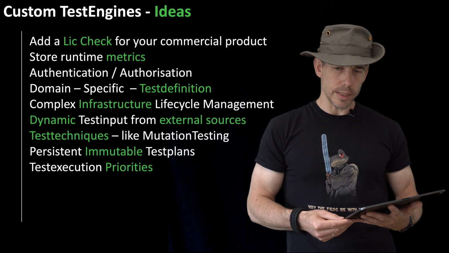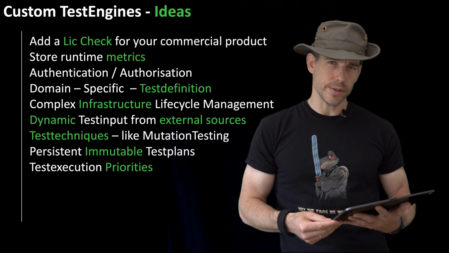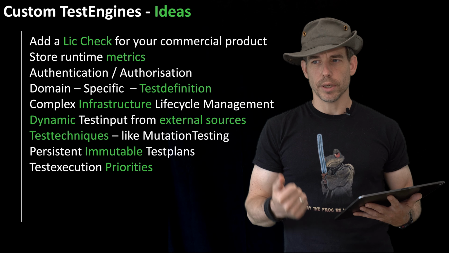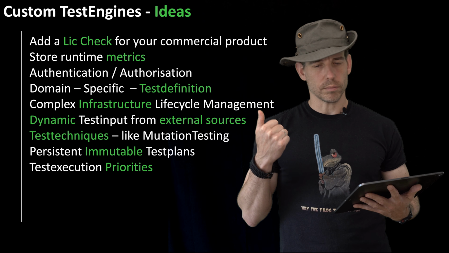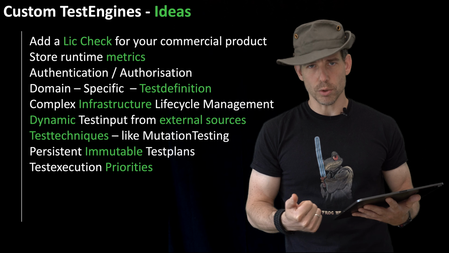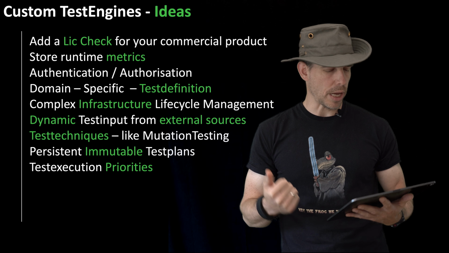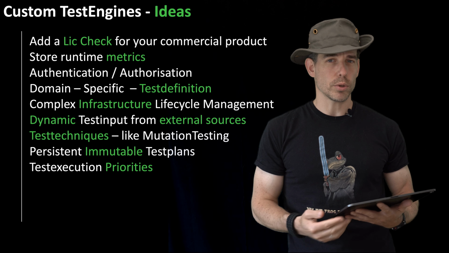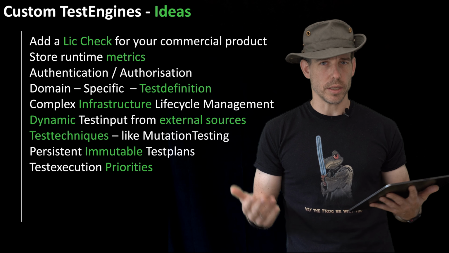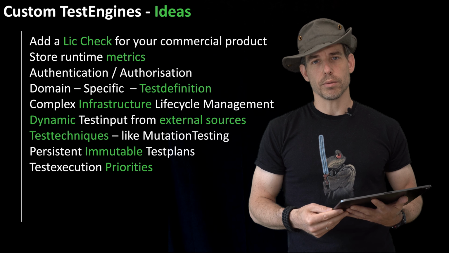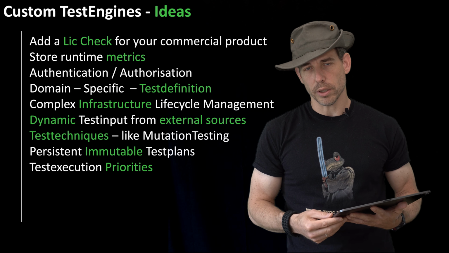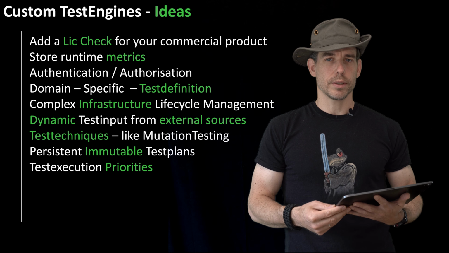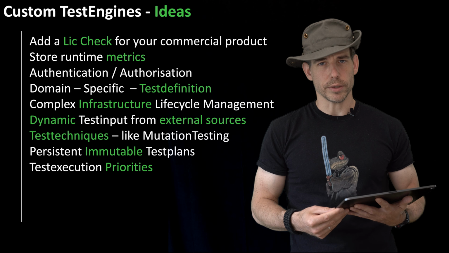One thing is, if you want to support different test techniques, it could be that you really want to have random test execution with some statistical behavior. If you want to have something like mutation testing, or some other test techniques, then it makes sense to integrate this in a custom test engine, if you are not able to find some plugin that's already existing.